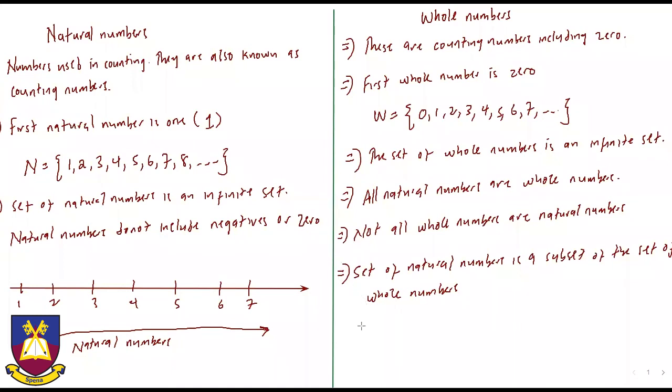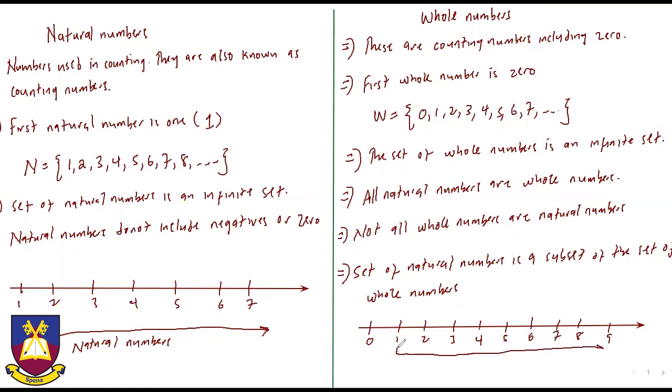We can represent that on the number line just so we don't forget. So if I were to write numbers from 0, 1, 2, 3, 4, 5, 6, 7, 8, 9, and so on, then the numbers from 1 up to infinity are natural numbers.